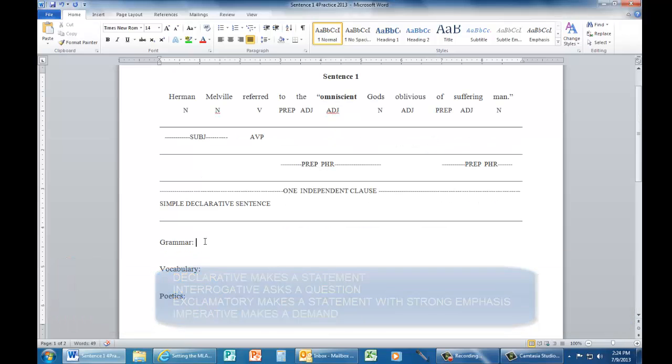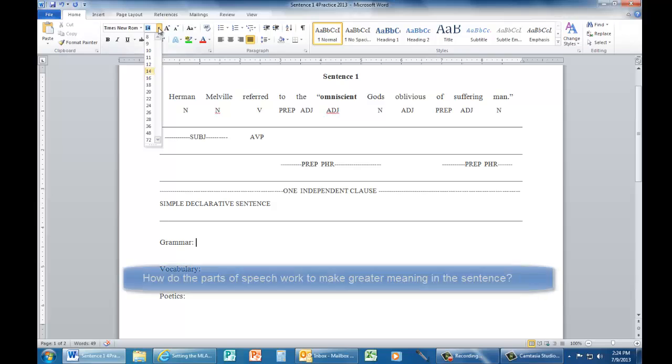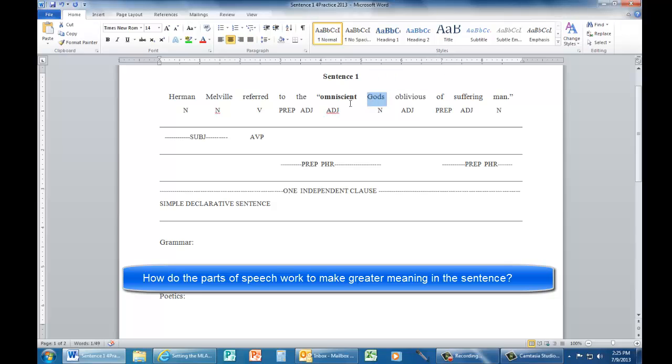For the grammar portion, we are going to talk about what specifically is important about this sentence grammatically. The most interesting part of this sentence is the fact that gods, the noun, has a modifying adjective before it and after it. Typically in the English language, we use our modifiers before the noun. So we will identify that under grammar.